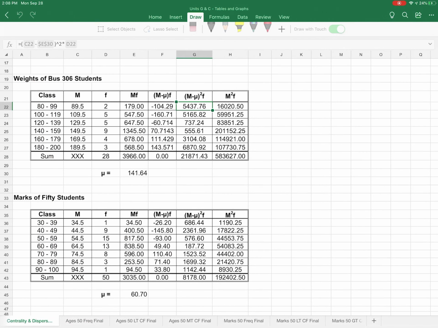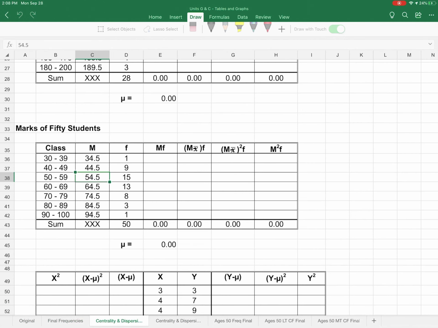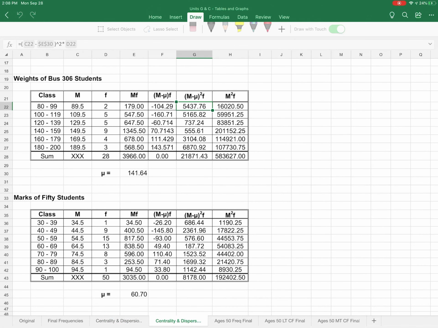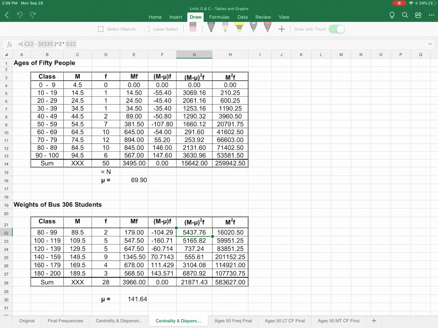Let's take a look here, actually, at these graphs and charts from earlier here. So when we did the calculation for the mean here, this is what we're looking at, the ages of 50 people.